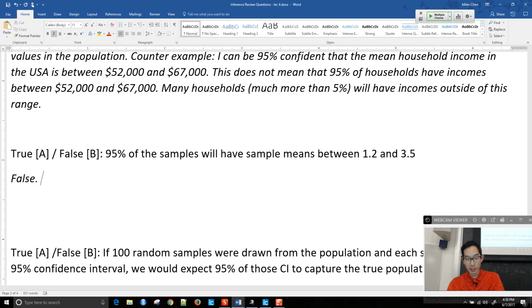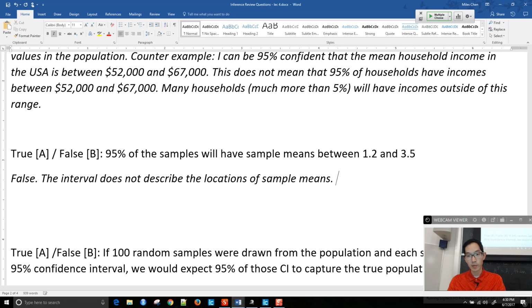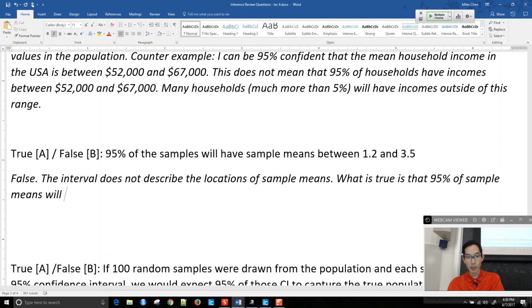Again, the interval does not describe the locations of sample means. What is true is that 95% of sample means will fall within 1.96 standard errors of the population mean. That is true, okay?